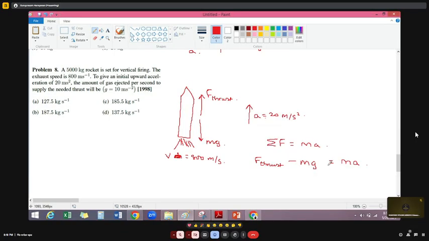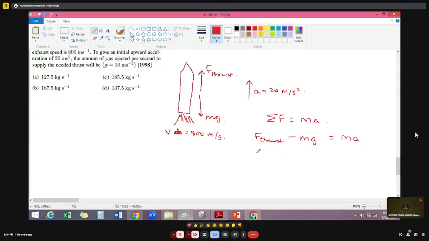But the concepts are the same everywhere. So F thrust is again mv minus mu by t. As I told you, u becomes 0 initially, and this m by t, mass by time, becomes m dot, and that is what is asked. And v is the velocity of the exhaust.